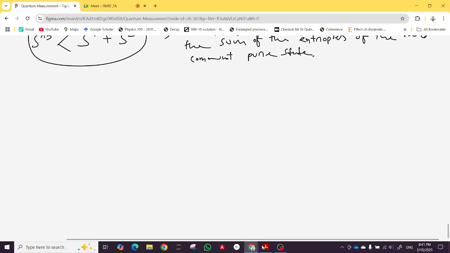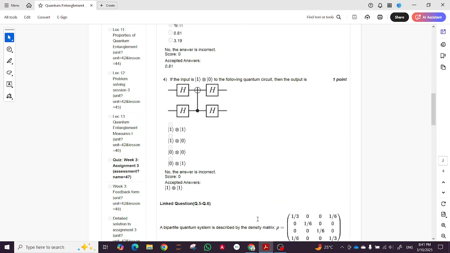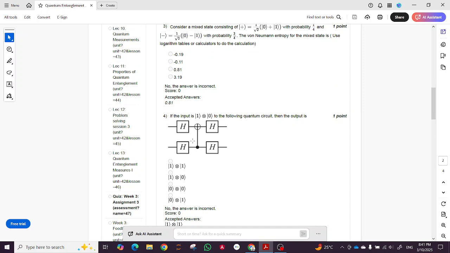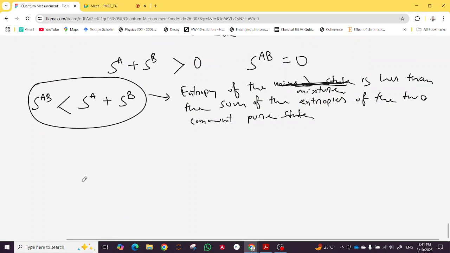Now do the quantum circuit one, the last one. This 4 number I will do; 5, 6, 7, 8 will be done tomorrow. So 4 is, this gate is there, right? What will be the output, you need to know. You have the circuit here: the first input is 1, going to a Hadamard gate, and the second is 0, going to another Hadamard gate.